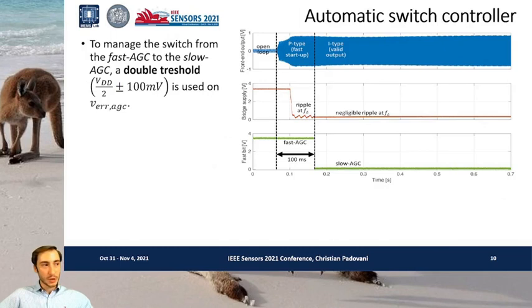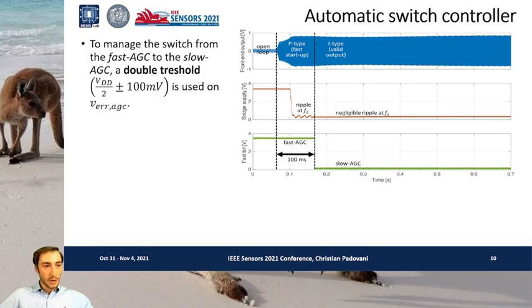To manage the switch from the fast AGC to the slow AGC, an automatic switch controller is implemented here, and it senses the output voltage of the differential amplifier through a double threshold, which is placed at 100 millivolts.